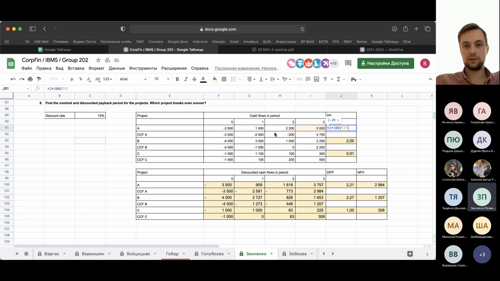So we take the last negative period, and then add the proportion of the last negative cumulative cash flow and the cash flow of the next period. Okay, and I guess the same with the other projects. Yes. Thank you, Polina. Does anyone have questions about this part?